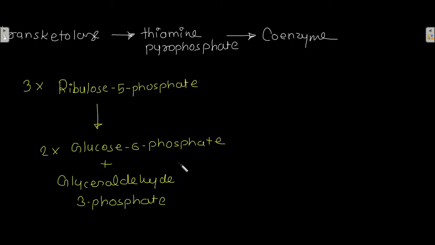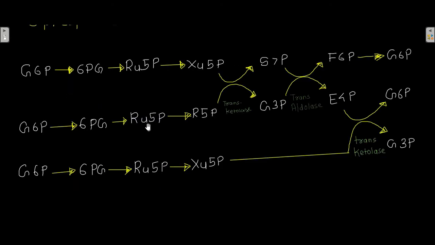So this is how the non-oxidative phase of the pentose phosphate pathway looks. 3 molecules of ribulose 5-phosphate are converted into 2 molecules of glucose 6-phosphate plus 1 molecule of glyceraldehyde 3-phosphate. So this flowchart represents the pentose phosphate pathway, and how the interconversion of 3, 4, 5 and 7 carbon monosaccharides takes place with its help.